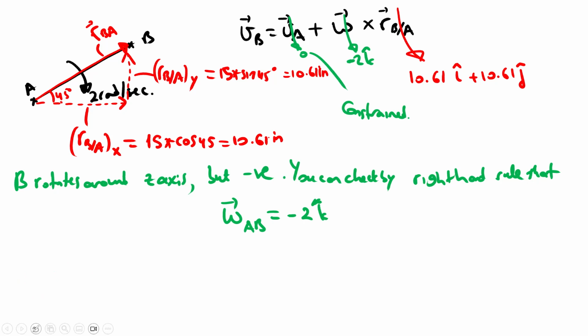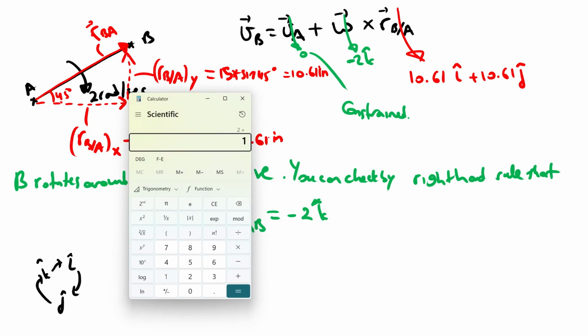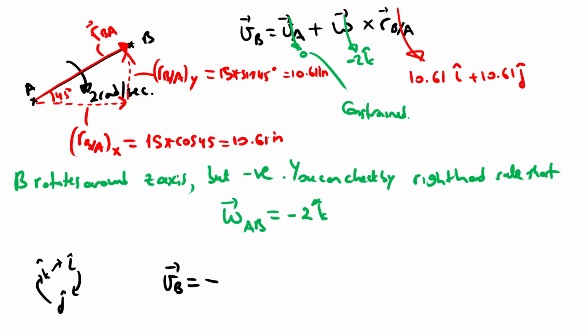We have i, j, k, and then k into i is j, so that will be negative 2 times 10.61, that's minus 21.2 j, and then k into j is negative i, that will be plus 21.2 i.